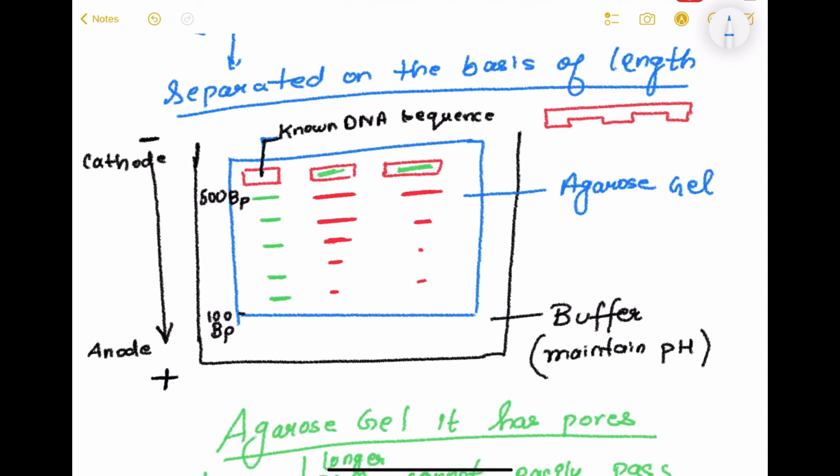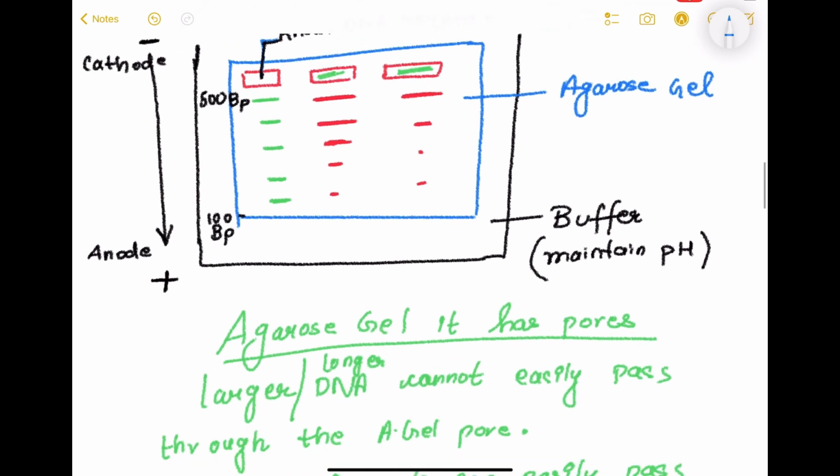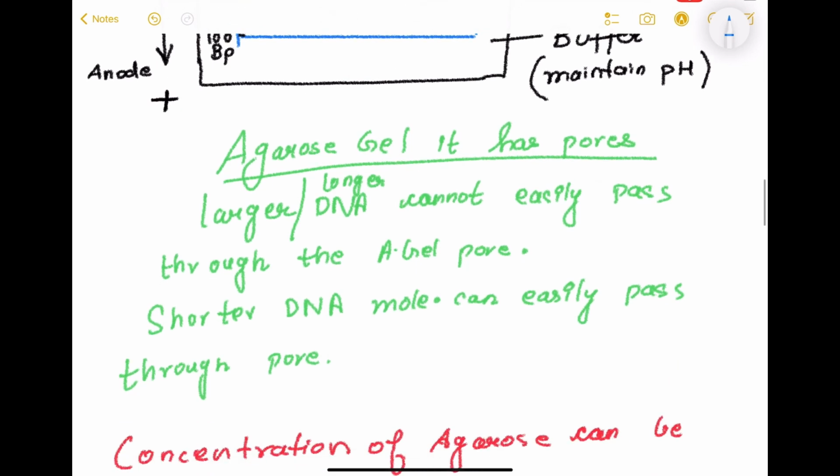We have used a buffer, which is important for maintaining the pH. We have used the positive and negative electrodes, the cathode and anode. We have used the agarose gel on which the entire process takes place. The agarose gel has pores.